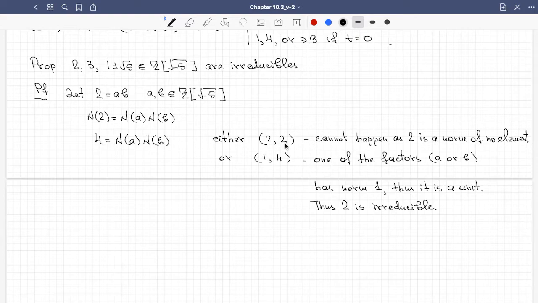Instead of 2, 2, I will have 3, 3 decomposition of 9, which cannot happen because there are no elements of norm 3, as there are no elements of norm 2, and another possible decomposition of 9 is 1, 9, so one of the norms is 9, one of the factors must be a unit. 3 is also irreducible.